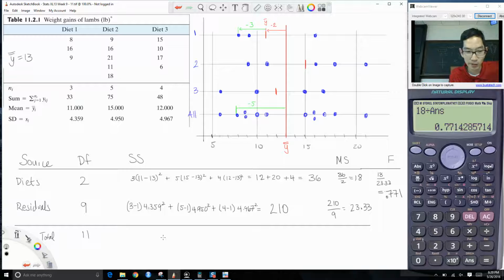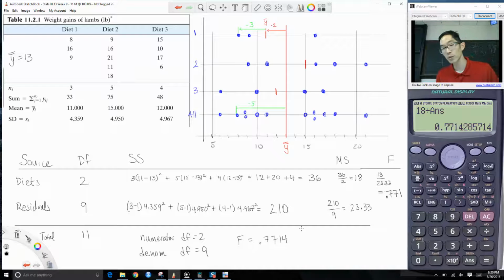So we have numerator df equal to 2, and denominator df equal to 9, okay? And our F is equal to 0.7714.